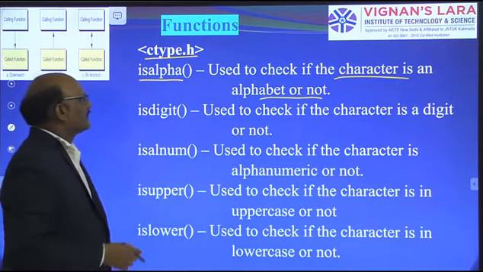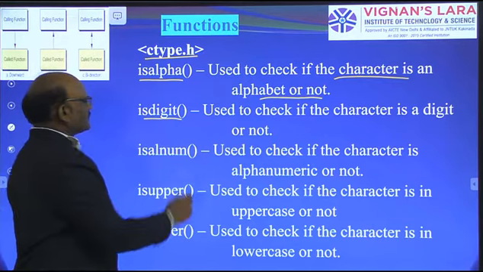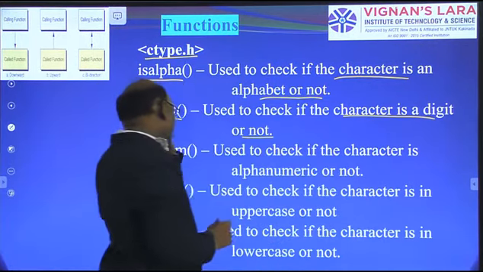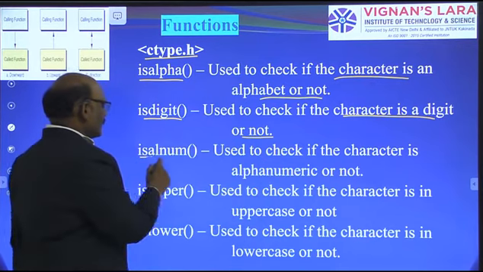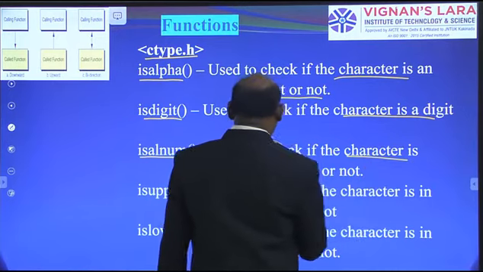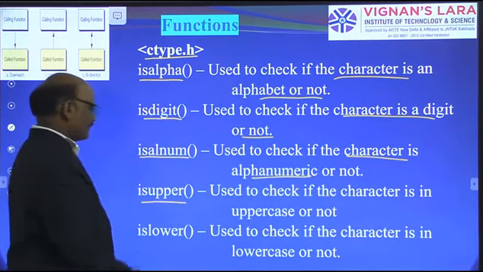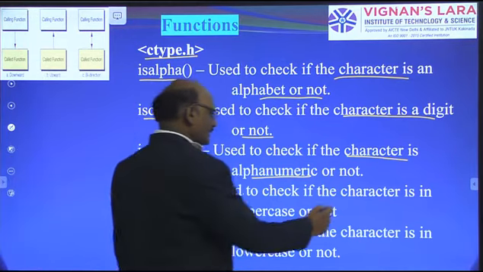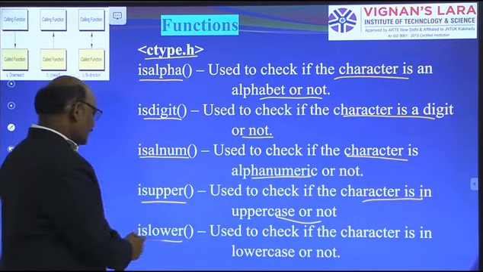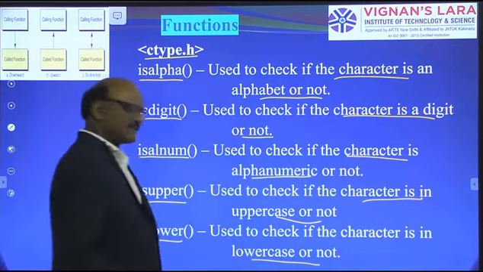If it is an alphabet, it returns true, otherwise it returns false. isdigit is used to check if the character is a digit or not. isalnum, alphanumeric, is used to check whether the character is alphanumeric or not. isupper is used to check if the character is an uppercase character or not. islower is used to check if the character is a lowercase letter or not.